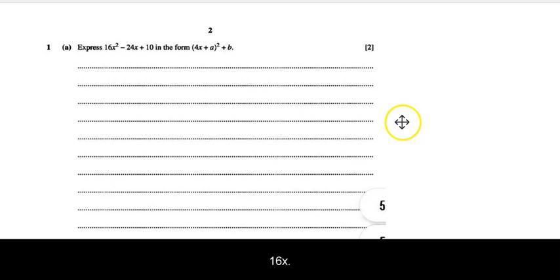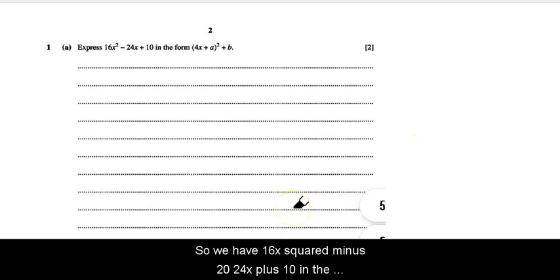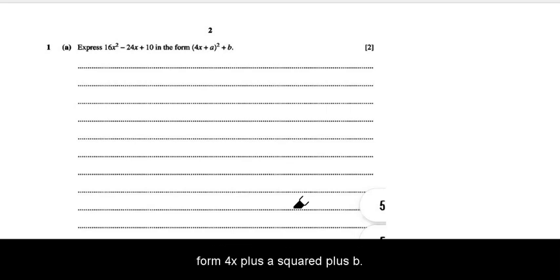Look at the next question. Express 16x squared minus 24x plus 10 in the form (4x plus a) squared plus b, again completing the square.